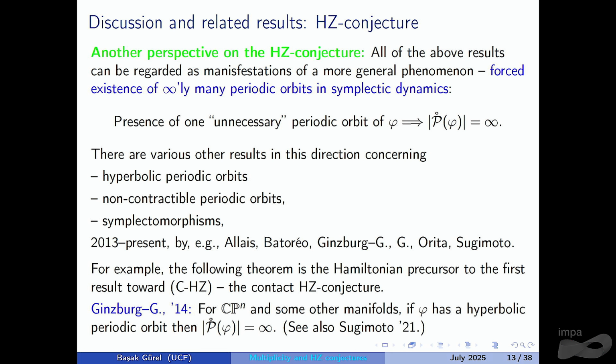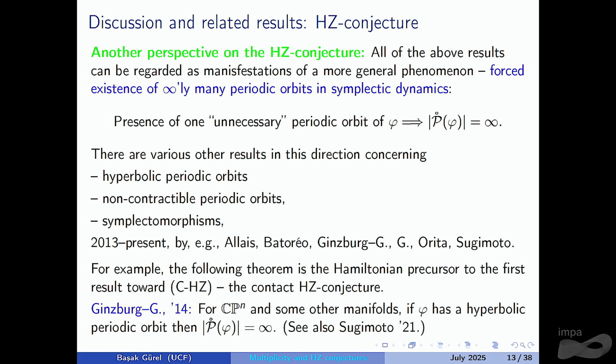So there is yet another perspective on these things. One can also view the HZ conjecture from a different perspective. That's maybe what I'd like to call forced existence of infinitely many. This is the perspective that if there is some periodic orbit in the picture which is needed for some reason, homological, geometrical, whatever reason, for example, non-contractible orbits for Hamiltonian diffeomorphisms, then this is maybe the reason for the existence of infinitely many.